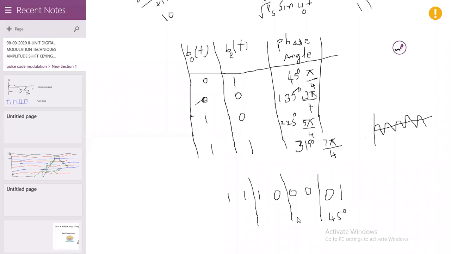Since it is 0 0, here the phase angle is 135 degrees. Since it is 1 0, here we set 225 degrees.